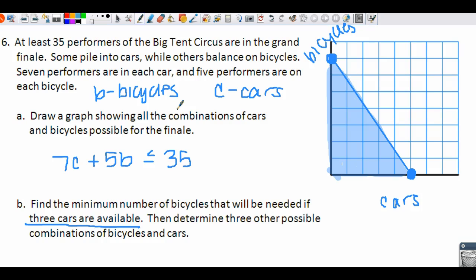So if I have 3 cars available, now I sort of have another boundary line going in here. Now my solution region is the overlap of that red and that blue, but not the little blue by itself.